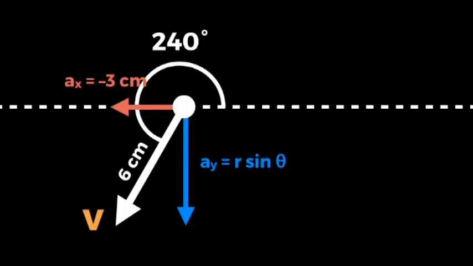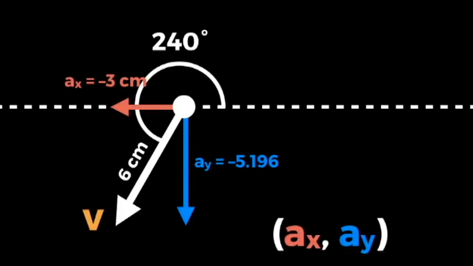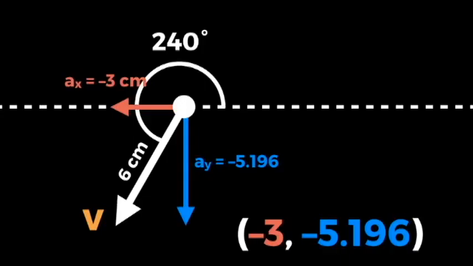R is equal to 6 centimeters and theta is equal to 240 degrees, and so we should get that a sub y is equal to negative 5.196 centimeters. Therefore, the ordered pair notation for this vector is a sub x, a sub y, or negative 3, negative 5.196.